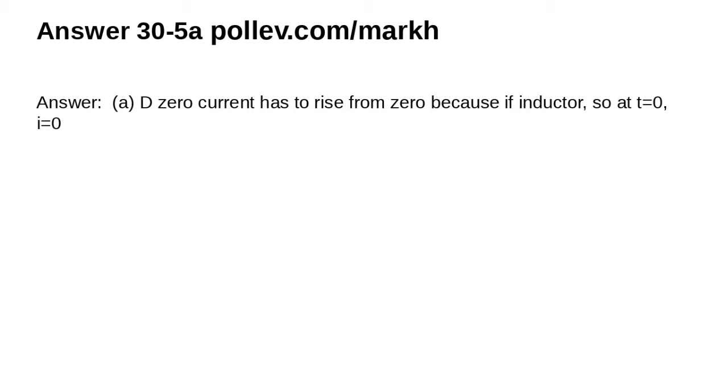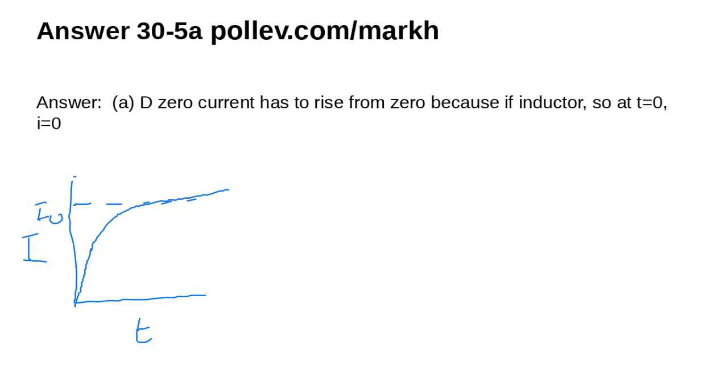So remember, the current has to rise from 0. Remember what the time response of an inductor looked like. If that was the current, and this is time, it has to start from 0 and tend towards some final value.